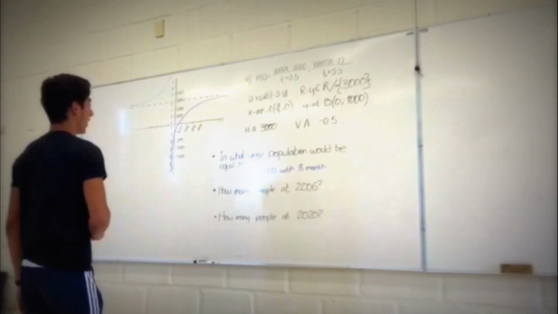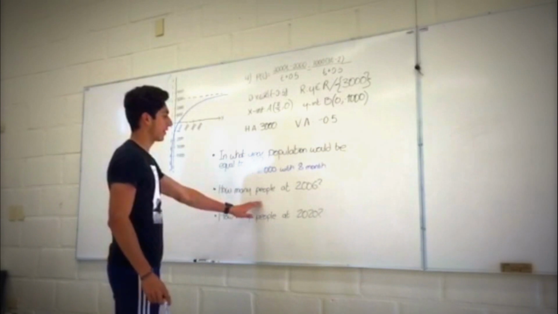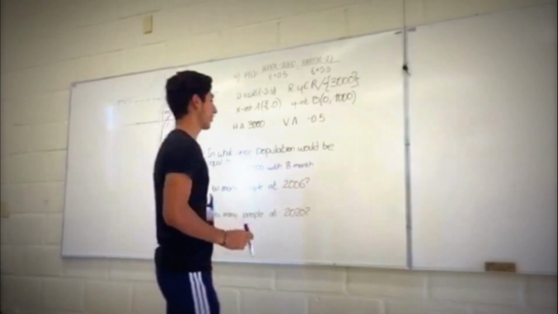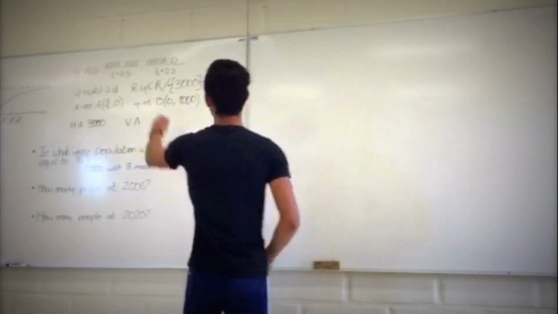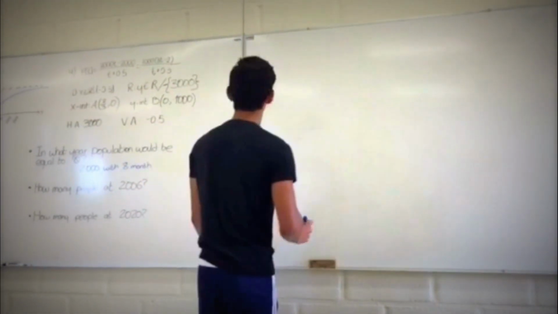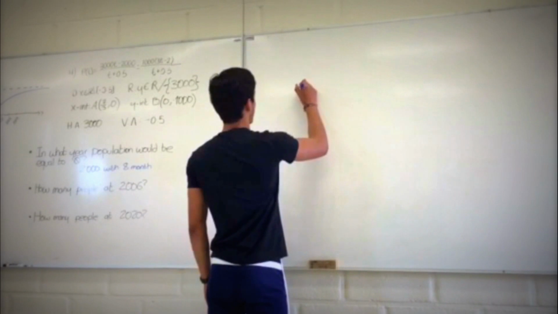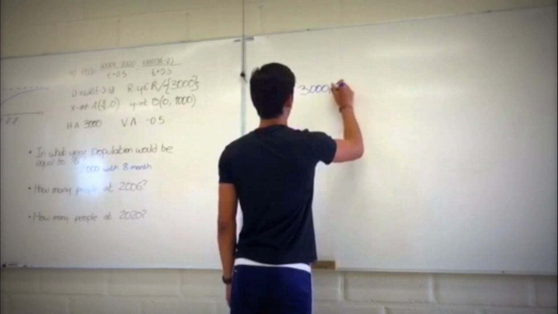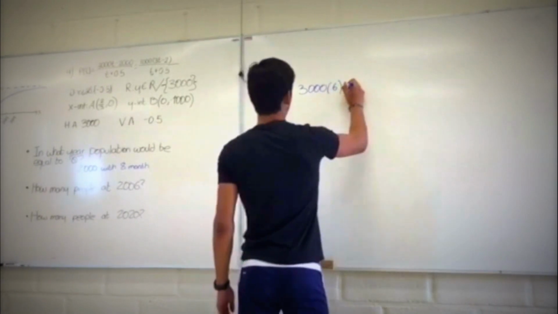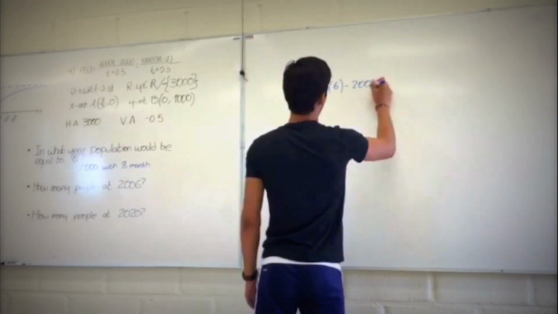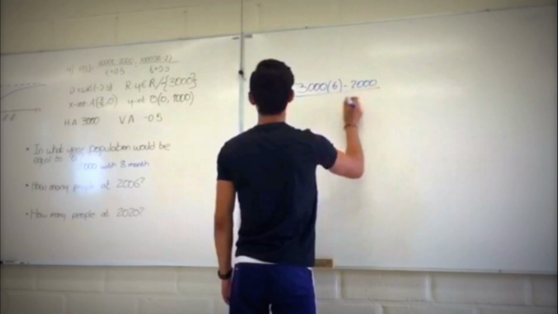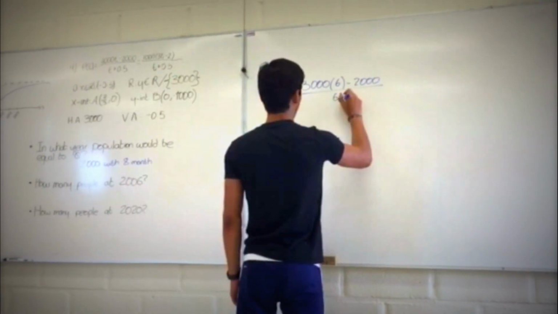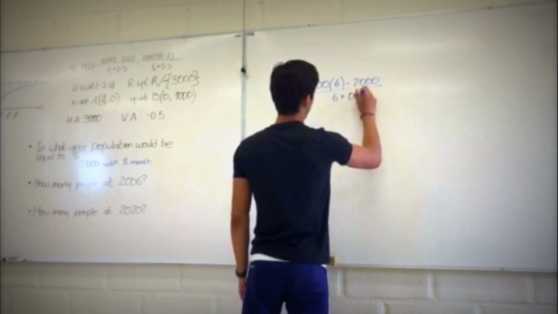Then, how many rabbits will there be in 2006? To solve this, we use the function we got at the beginning: 3,000 multiplied by 6 minus 2,000, divided by 6 plus 0.5.